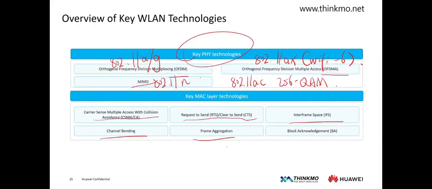Frame aggregation in Wi-Fi 6 combines multiple data packets into a single frame for transmission. This can increase throughput and reduce overhead. There is also BA, which is a fast acknowledgement mechanism. We will provide detailed explanations on RTS, CTS, IFS, channel bonding, and frame aggregation.